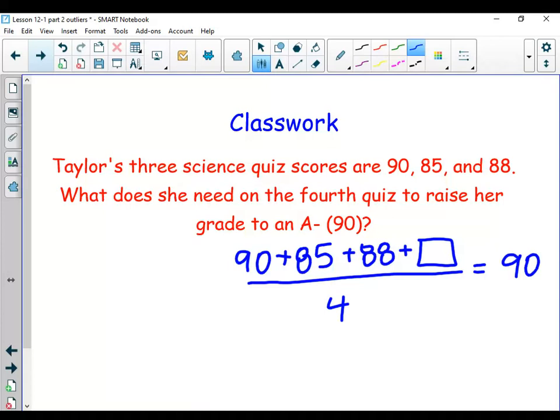So here's what someone did in second hour. They said, well, she wants a higher score to bring her up. So they tried 93 right here. That was just the first number they thought. They thought, I need a bigger score to raise me up. So 90 plus 85 plus 88 plus 93 divided by 4.